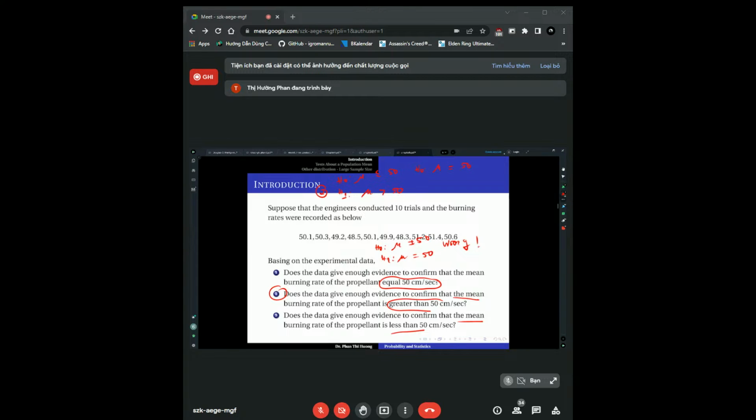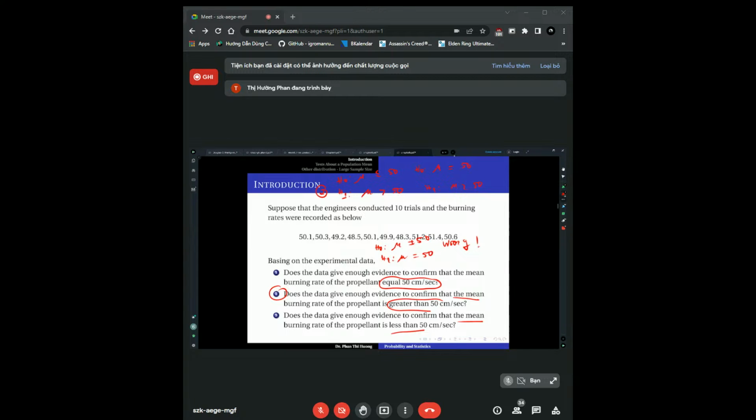Just always identify the parameter we want to test, the constant we want to compare to the parameter, and then put equal between them. That's all. So you have H0. And for H1, you read the sentence. We compare with the constant: greater than, so write down greater than. Less than, so you write down less than. That's all.